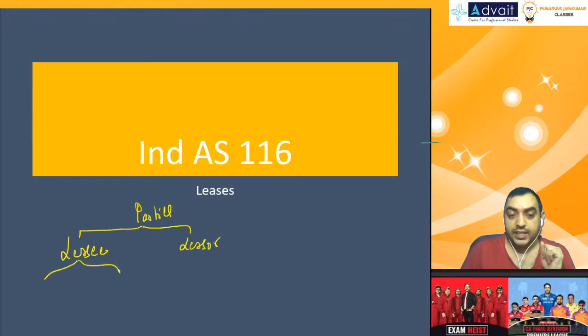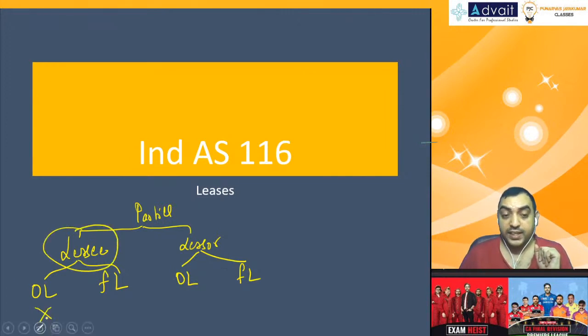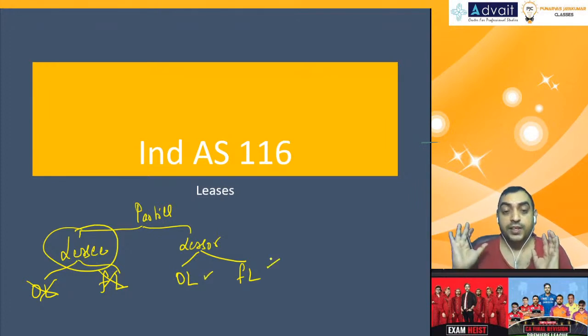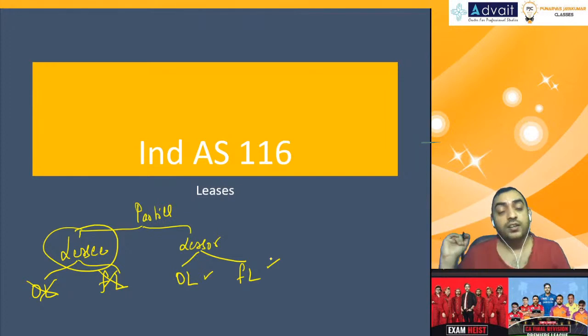Now in the lessee, there are two classifications of lease: operating lease and financial lease. In the lessor, also operating lease and financial lease. Now Ind AS 116, what is happening? This classification for lessee, operating lease and financial lease, is taken out, and for lessor, operating lease and financial lease continues. That is the fundamental change. So for lessee, the classification of OL and FL no longer exists.